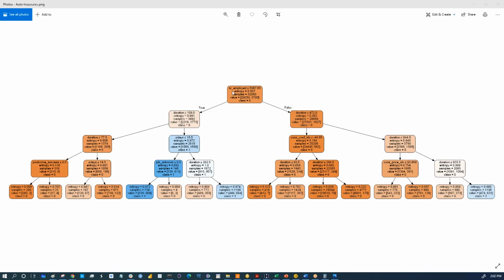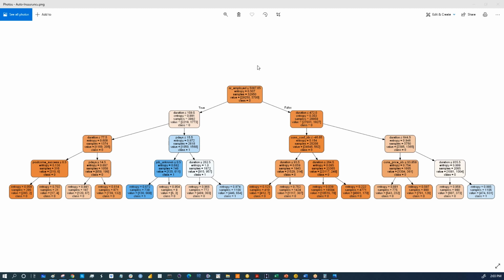So it splits on number of employed, and the value was less than 55,087. Is it false or true? And keep splitting. And now we got pure class 1, class 0, class 1, class 0, 1.